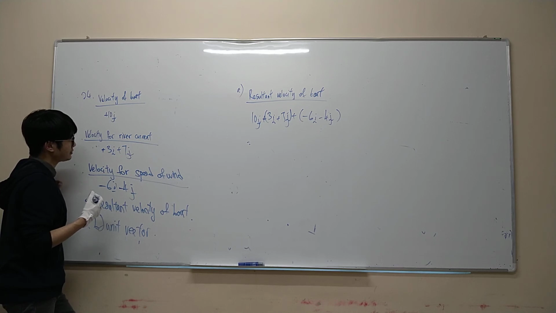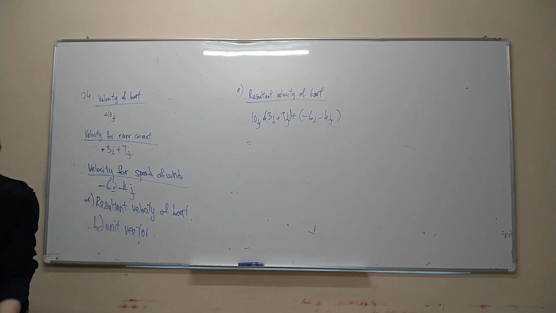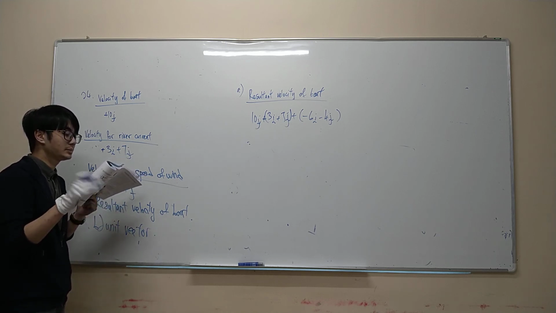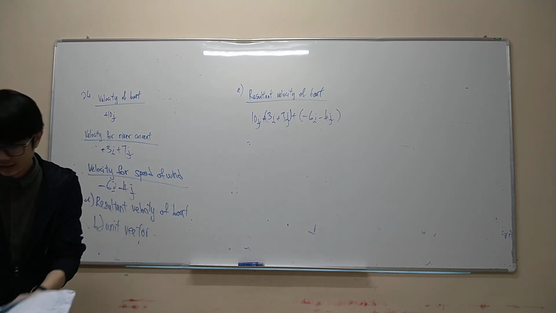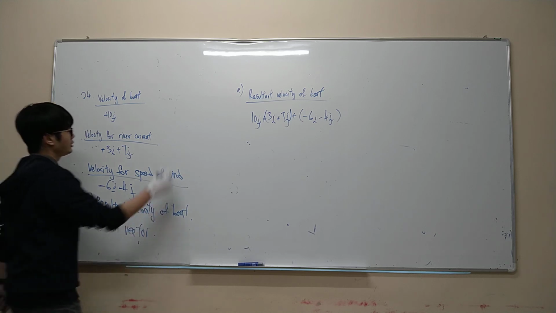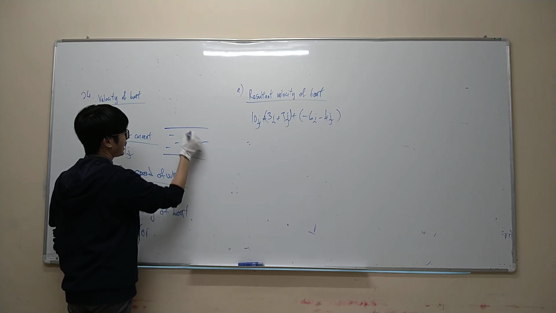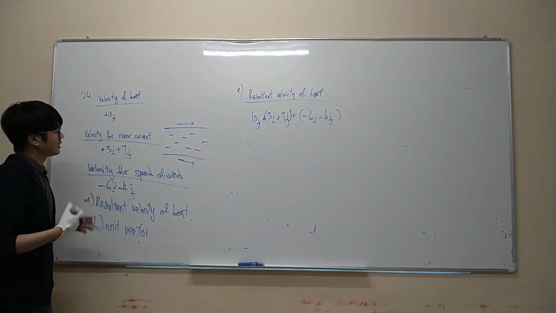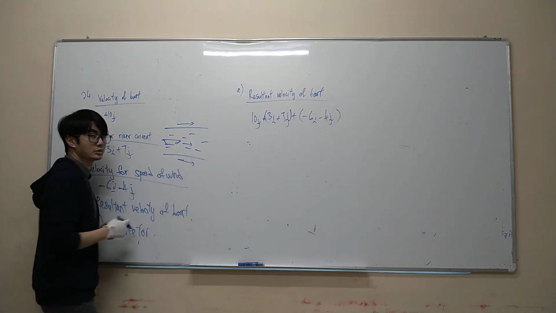Right? If you read the question, it says that the velocity vector for the current of river and the speed of wind against the boat. It means, usually, if this is a river and the current is flowing this way, I think the boat should be moving towards this direction also.